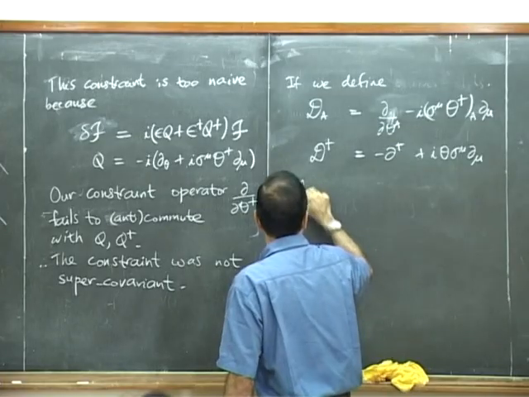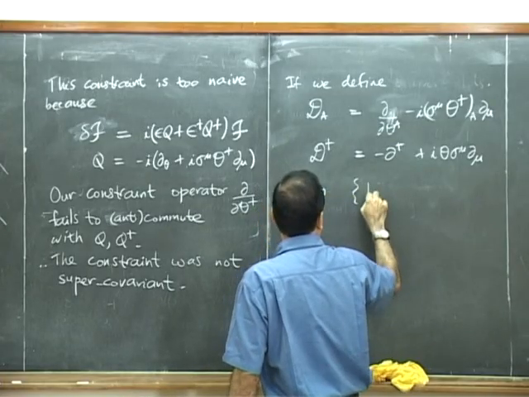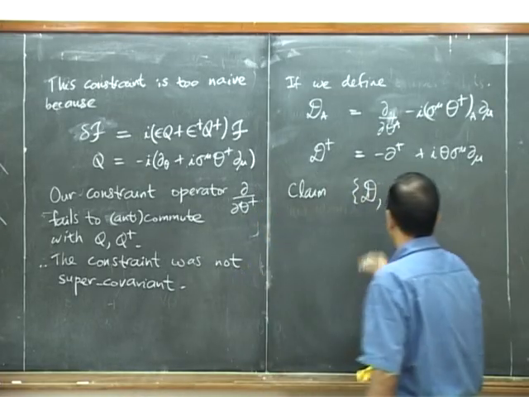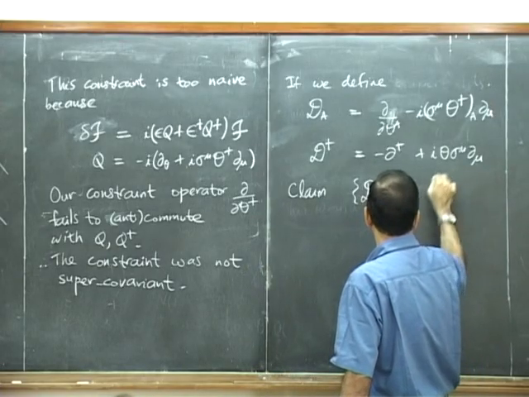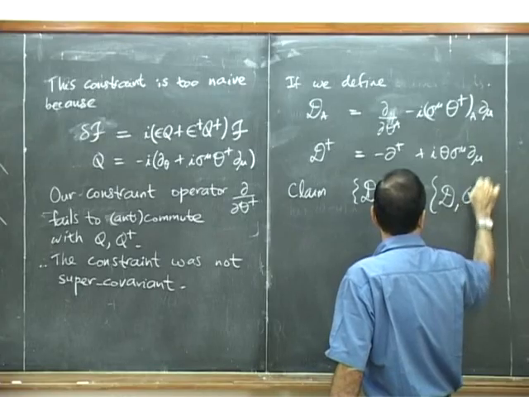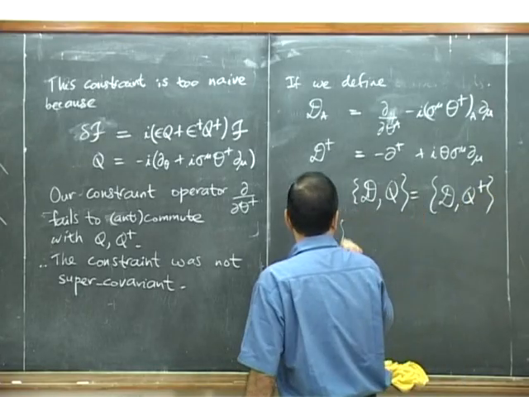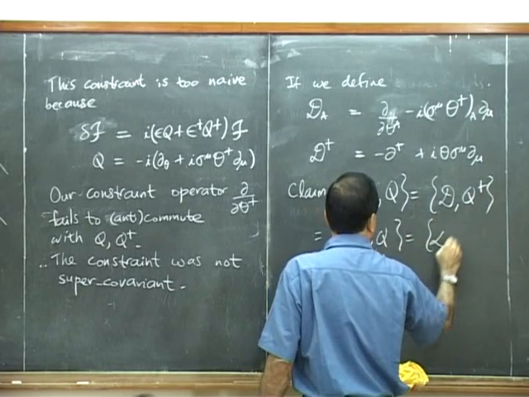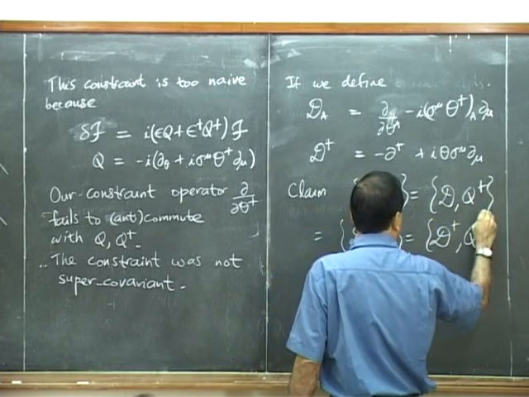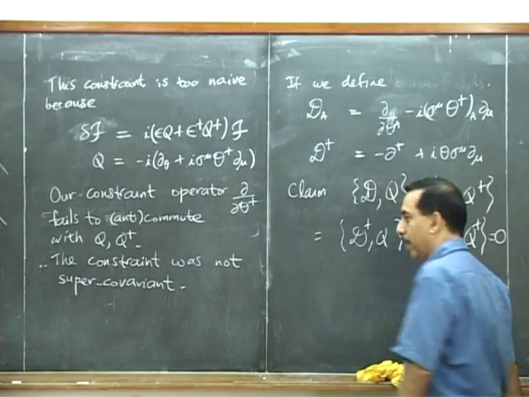So the claim is that the anti-commutator of any D with Q, or D with Q dagger, or D dagger with Q, or D dagger with Q dagger are all 0.